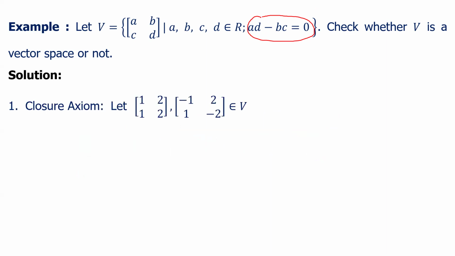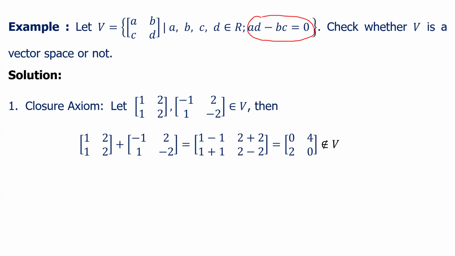Let me again take two elements, [1, 2; 1, 2] and [minus 1, 2; 1, minus 2], which belong to V. Then let us add these two elements: 1 minus 1, 2 plus 2, 1 plus 1, 2 minus 2. 1 minus 1 is 0, 2 plus 2 is 4, 1 plus 1 is 2, and 2 minus 2 is 0. Simplifying, we get [0, 4; 2, 0].